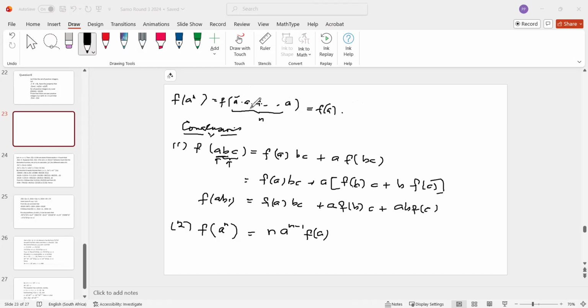Now this is a to the n minus 1, the product of the remaining ones, plus now you got f of a. Now you apply f to the second one, so leave the first one as it is, and now you have f of a here, and then you multiply it by the others, right?